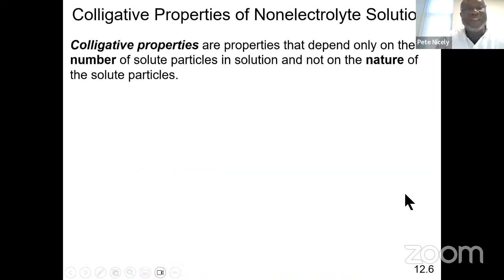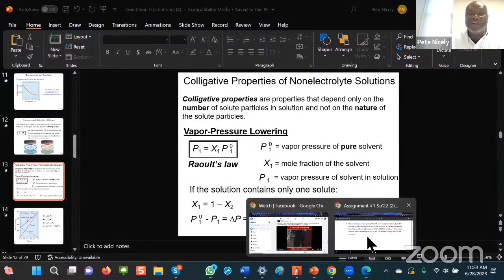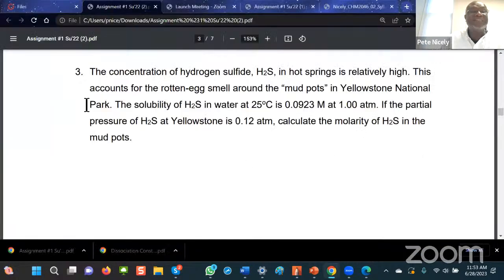With that said, let me go back to the assignment, because now we should be able to answer this question, which is based on Henry's law. Let me read the question carefully so that we're all on the same page. It says the concentration of hydrogen sulfide in hot springs is relatively high.